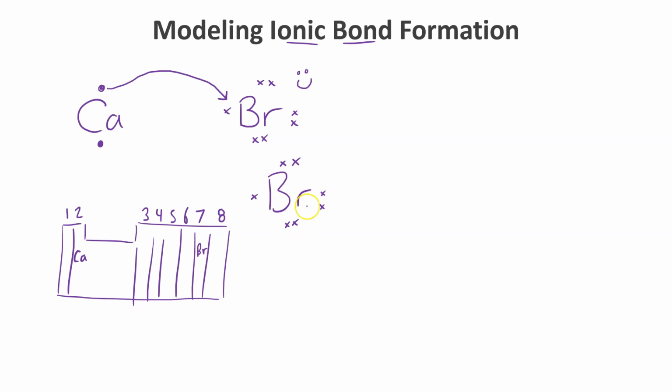If I add a second bromine with its own 7 valence electrons, now that second calcium electron has a spot to go. My new bromine is also stable, and now my calcium is as well, because it has lost its 2 valence electrons, and that almost completes the model.